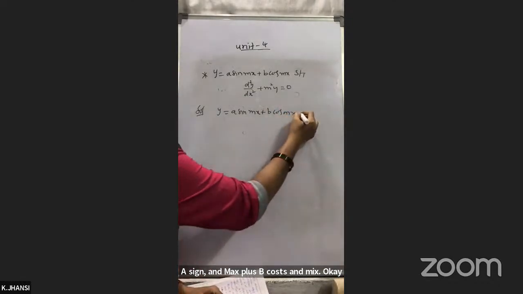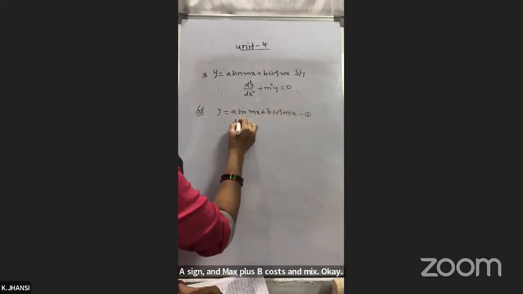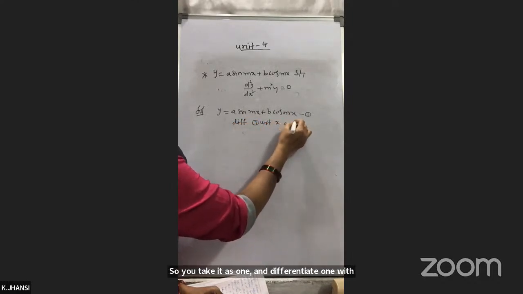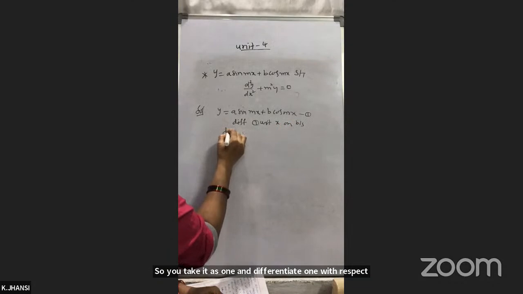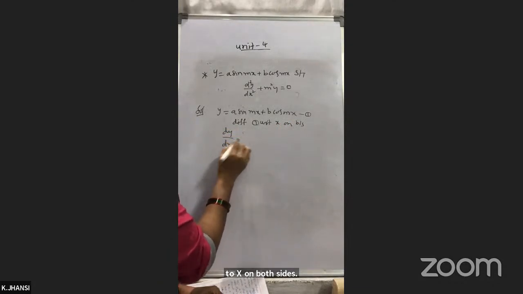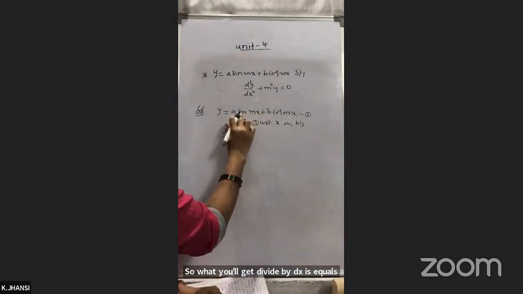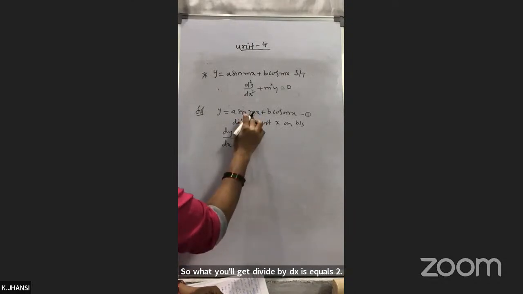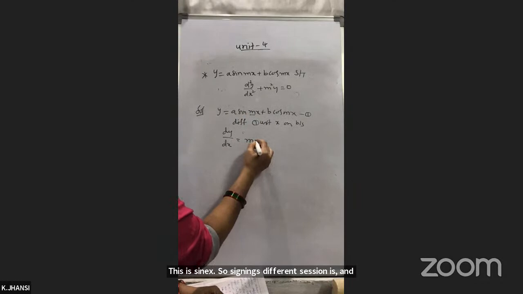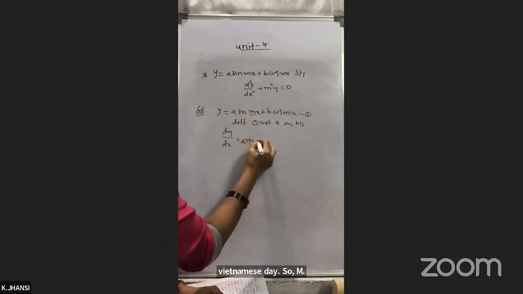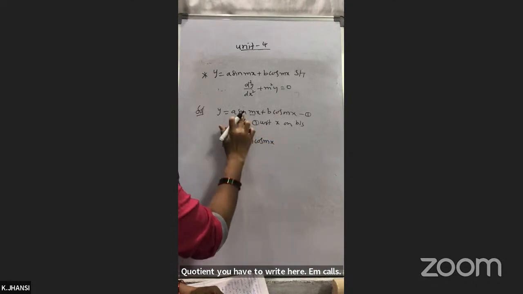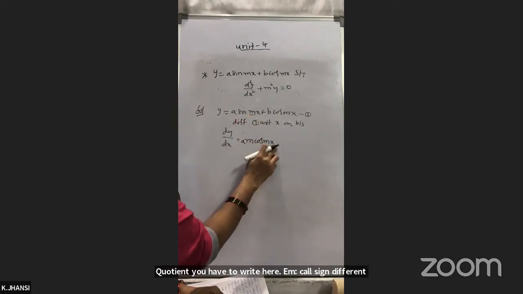Okay. So you take it as 1 and differentiate 1 with respect to x on both sides. So what you'll get: dy by dx equals, this is sin mx, so sin mx differentiation is cos mx, and here m is the coefficient, so you have to write m here. So am cos mx.